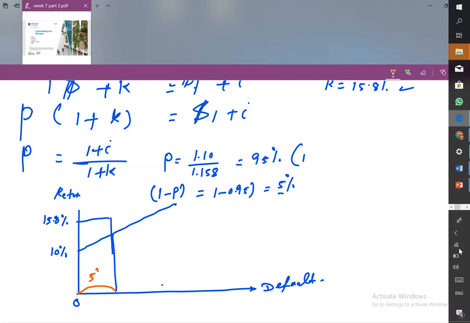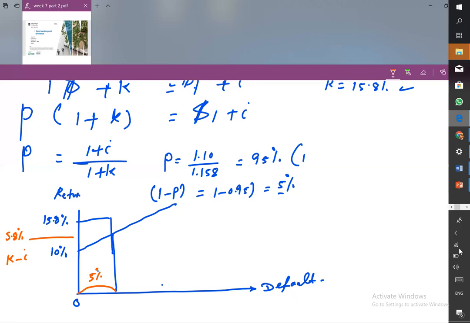For defaulting of 5%, I am receiving a difference of 5.8%, which is the difference K minus I. This is how, for defaulting, you get the premium. So if I know the probability of defaulting, I can calculate the premium.